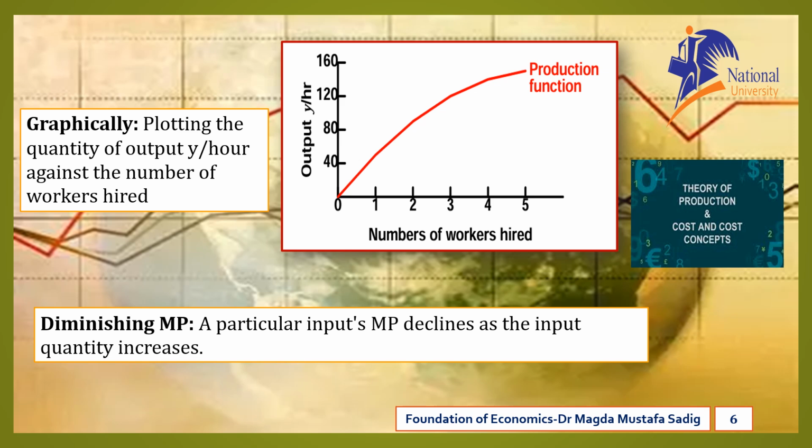So we plot the previous table data into this graph, and then we end up with the red line, which represents the total production. So the marginal product is declining as input quantity increases, as we have seen previously.